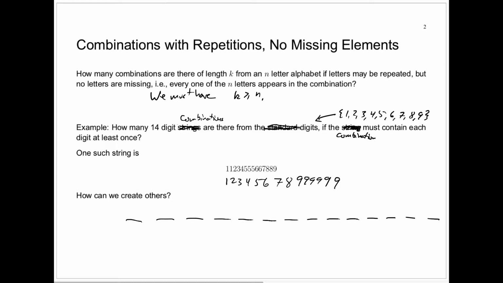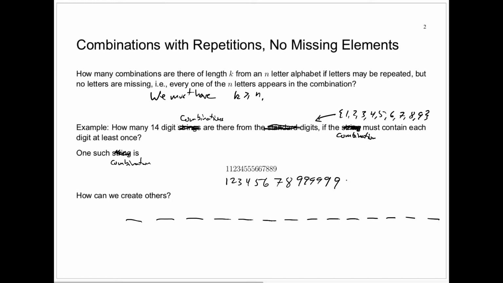One such combination is given by this one here: 1, 1, 2, 3, 4, 5, 5, 5, 6, 6, 7, 8, 8, 9. I've written another possible combination here: 1, 2, 3, 4, 5, 6, 7, 8, 9, 9, 9, 9, 9, 9. These are each 14-digit combinations, and they use the digits 1 through 9, each one at least once.